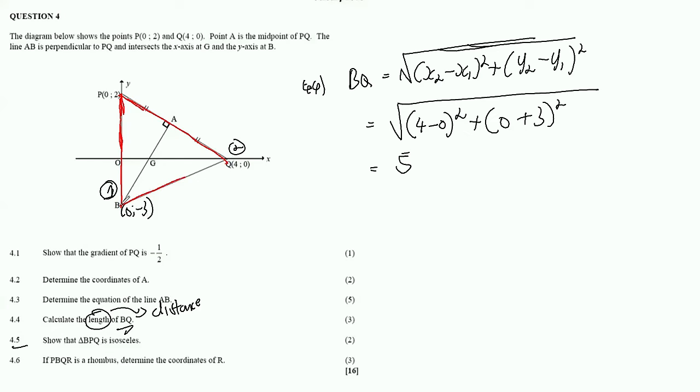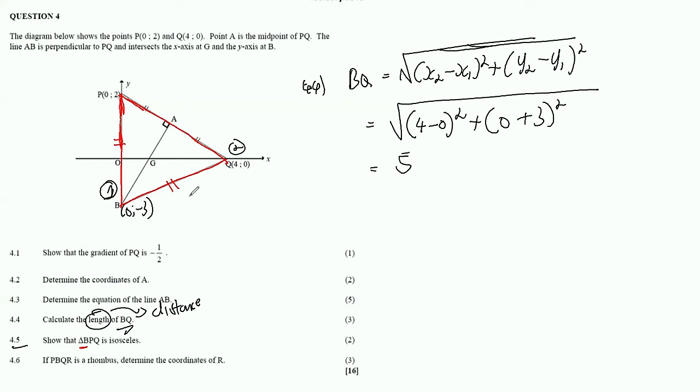What we know is that it has two sides that are equal, right? So we'd have to prove that BP is equal to what? To BQ, right? If we can prove that this side here and this side here are equal, then in that way we could prove that this is an isosceles triangle.